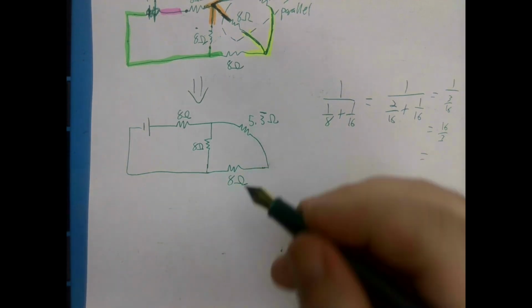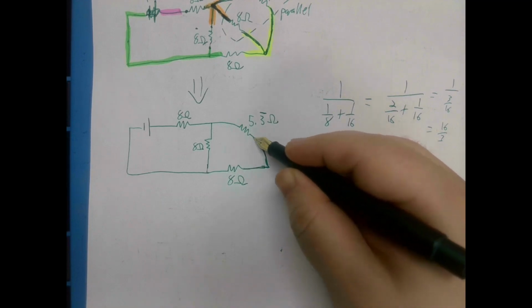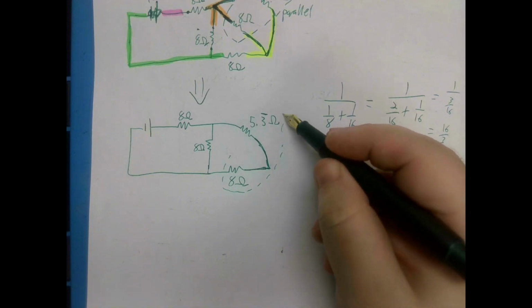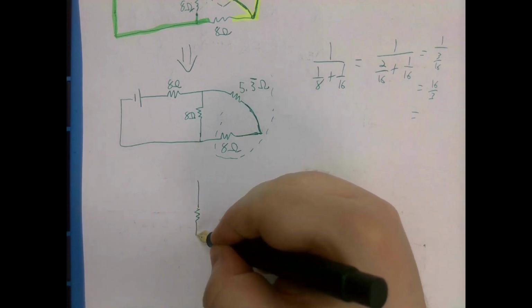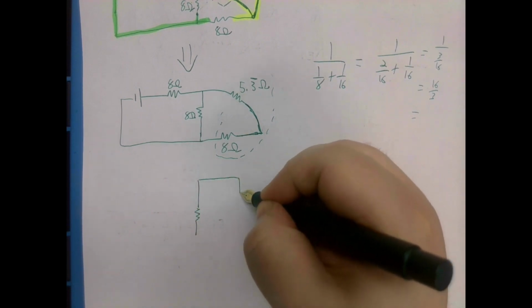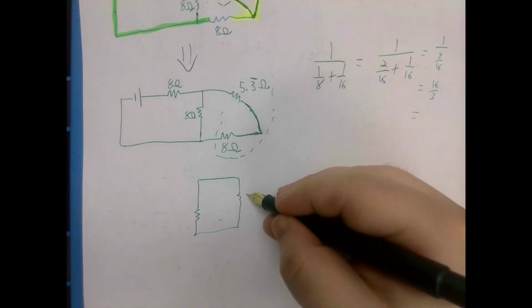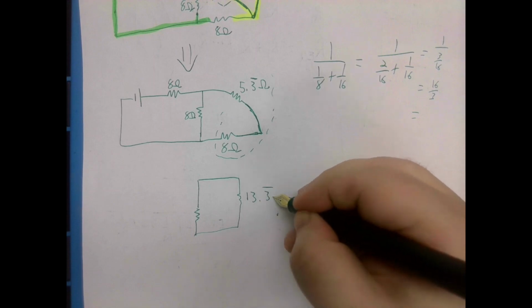So looking at this one, there's no branches right here, so this would be in series. So 8 plus 5.3 is 13.3 carried.